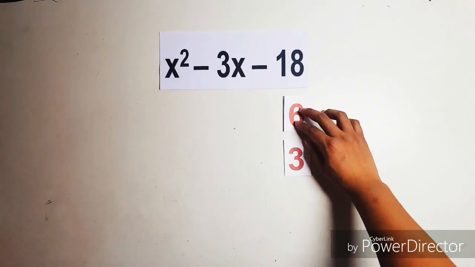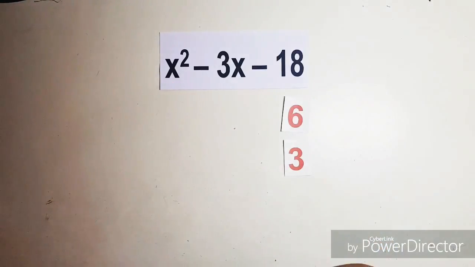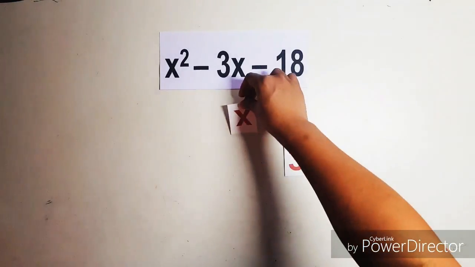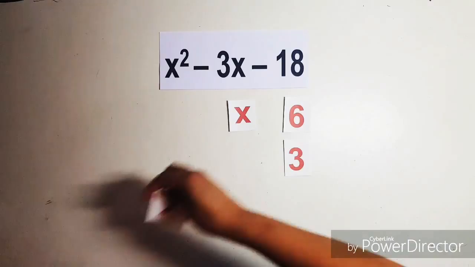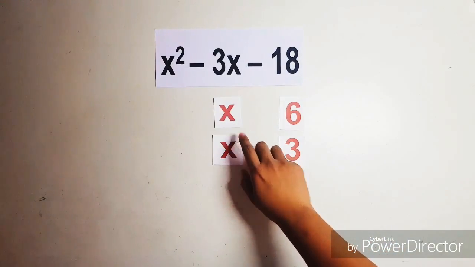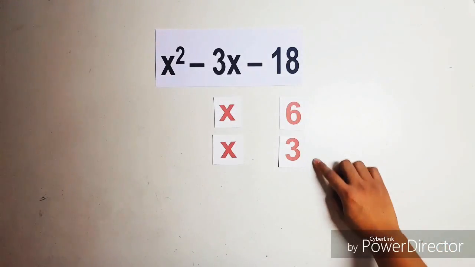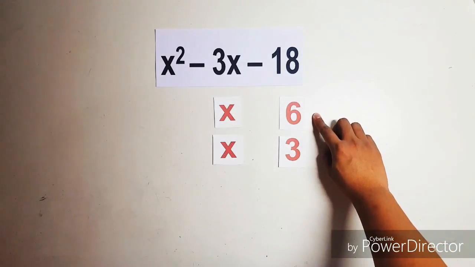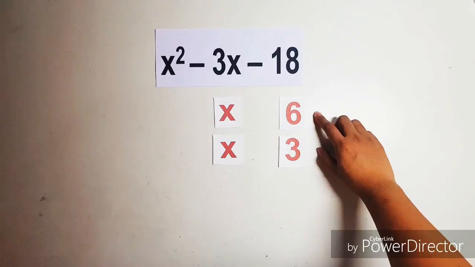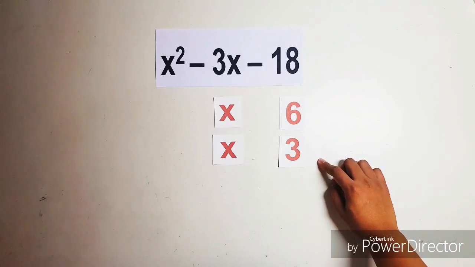Now, let's have our binomials. We will just have the x for each binomial. Now, for the sign, since the last term is negative, these two should be unlike signs. One should be positive and the other should be negative. Which one would be positive and which negative?